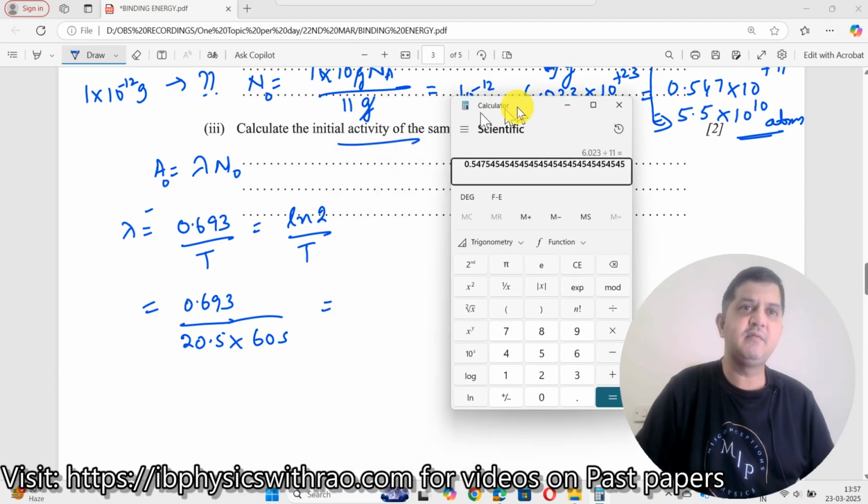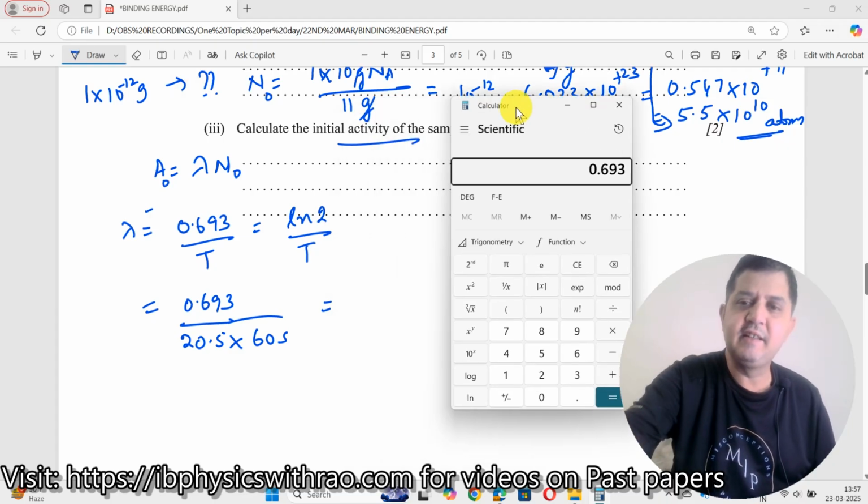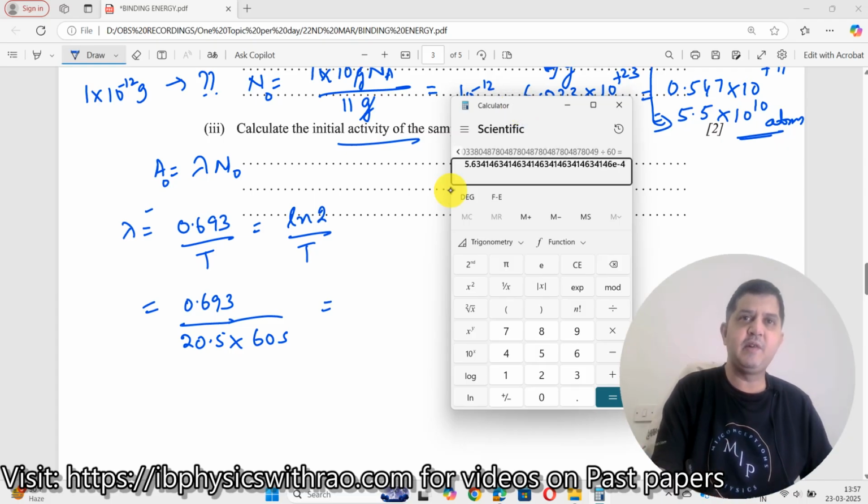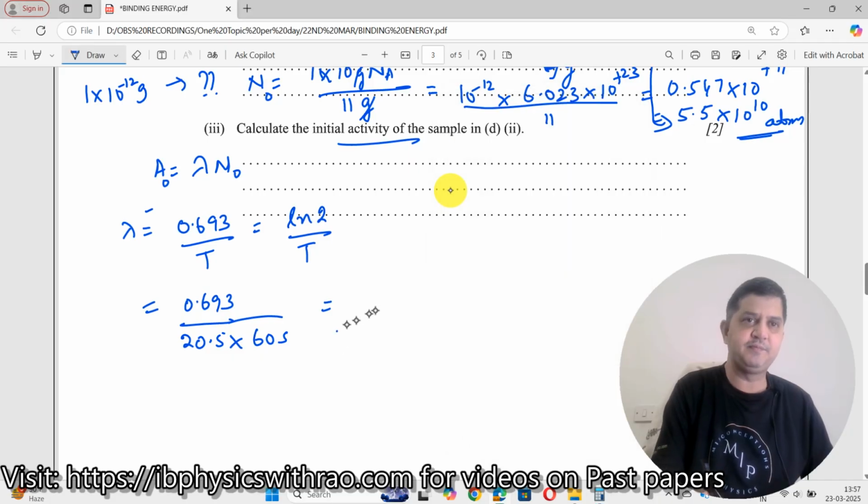Let me find out this value. We have 0.693 divided by 20.5 divided by 60, which is 5.63 into 10 to the power of minus 4. Now is this completed? No, it's not completed. Still we need to find the value of A naught. I need to substitute this value here.